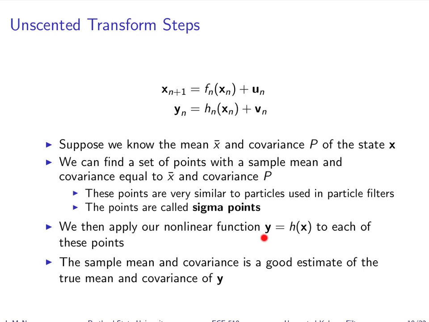We get out something for every one of those sigma points. If we have enough of them, we can calculate the sample mean and sample covariance, and that will be a pretty good estimate of what the true mean and covariance are. So that's the magic of sigma points, or the Unscented Kalman filter.